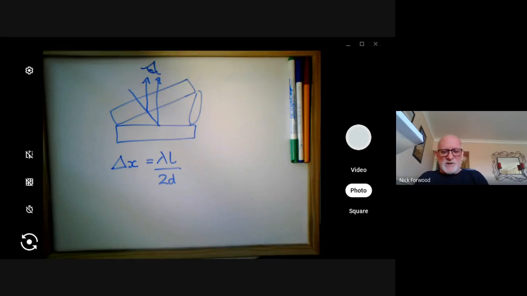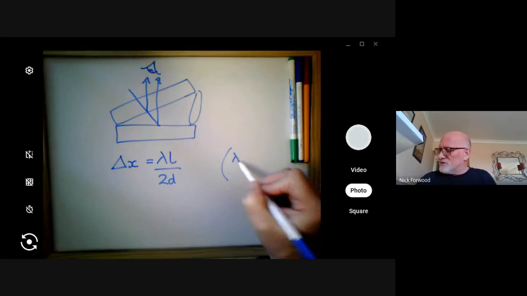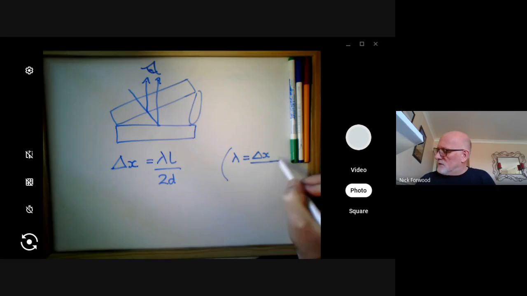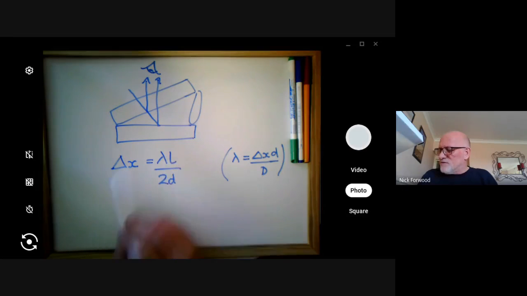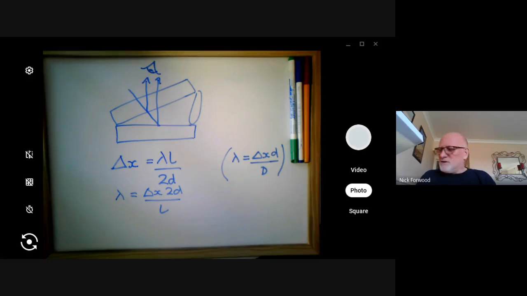Now there is another formula, which if you've been following the Young's slits interference by division of wave front, looks a little bit similar, which is lambda equals delta x times little d over big D. And they do look a little bit similar, especially if you rearrange this one and get lambda equals delta x times 2d divided by L. So there's a certain similarity, and you're going to have to just learn which one's which, because the chances are they're not going to tell you which one's which, and that's part of the plan, is that you need to learn them.